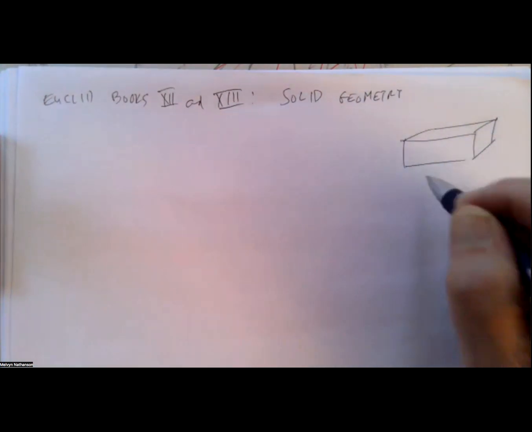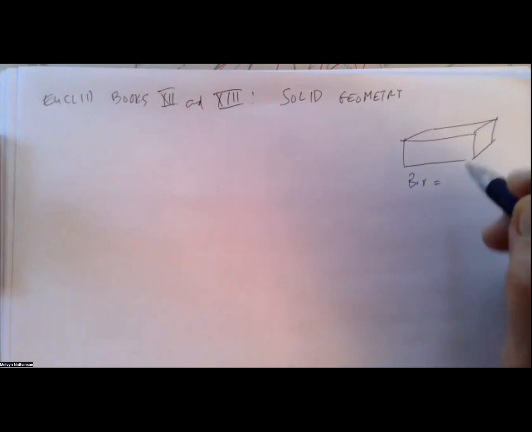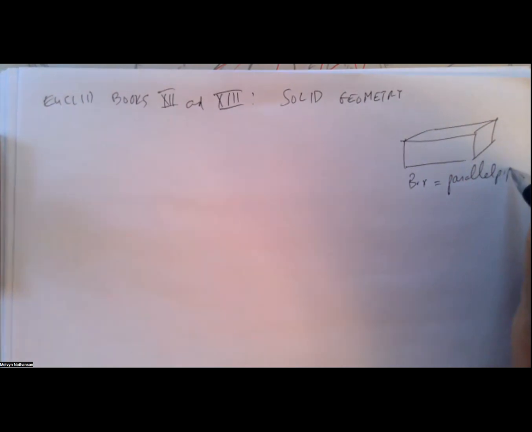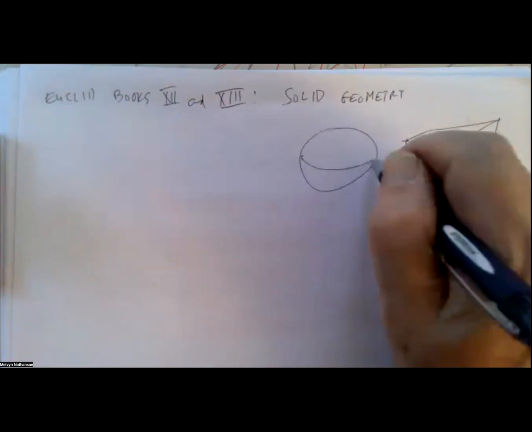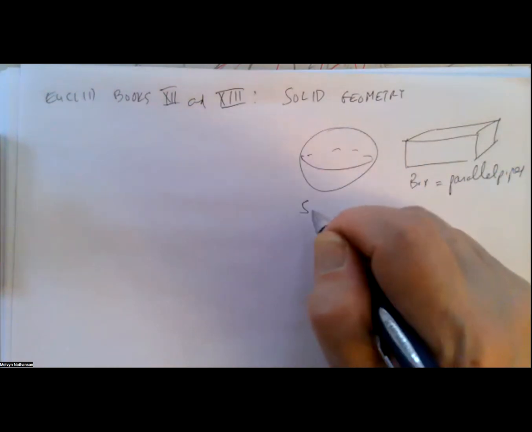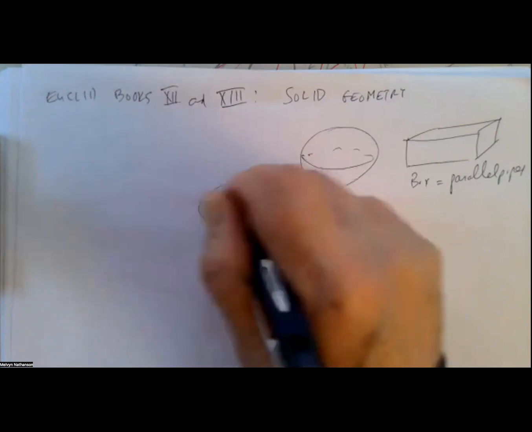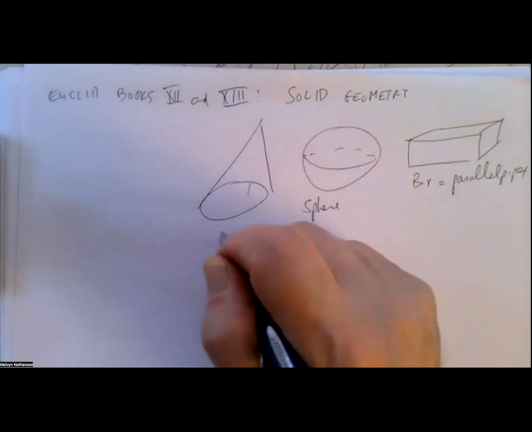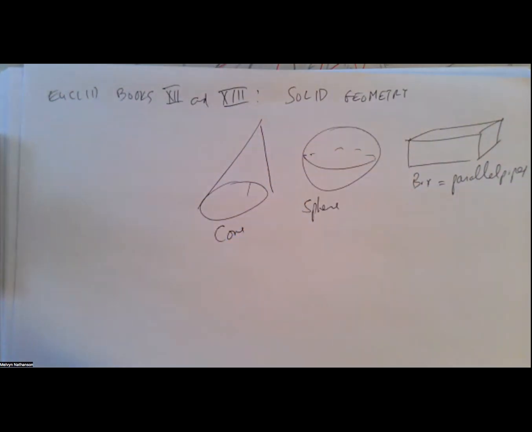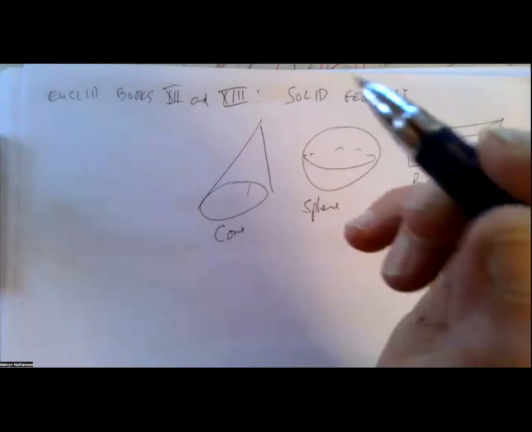These are shapes in three-dimensional space. For example, you can have a box, which is sometimes called a parallelepiped, or a sphere, or a cone, or a pyramid.